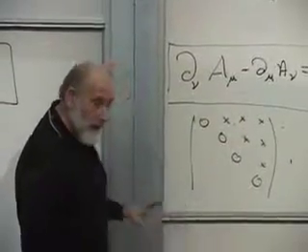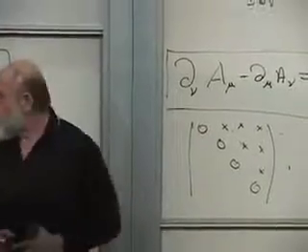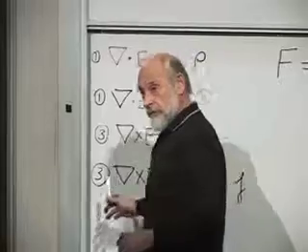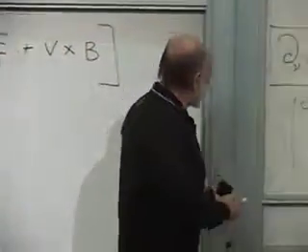So there are 6 independent components, and those 6 independent components are nothing but the components of the electric and magnetic fields. Let me write them down for you.